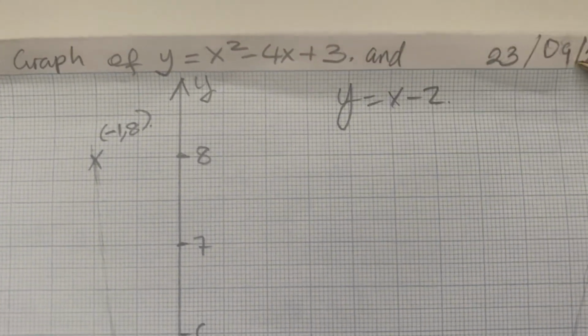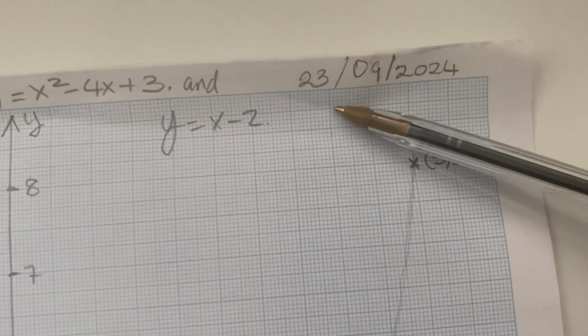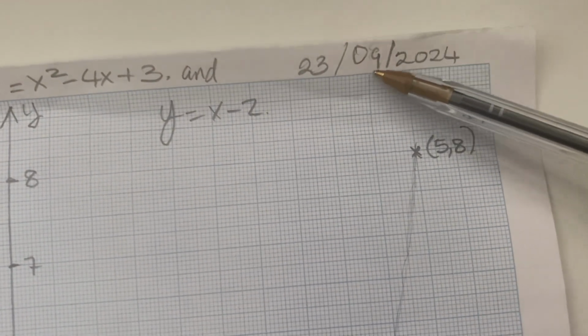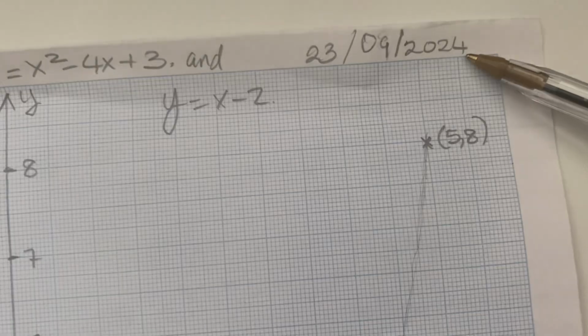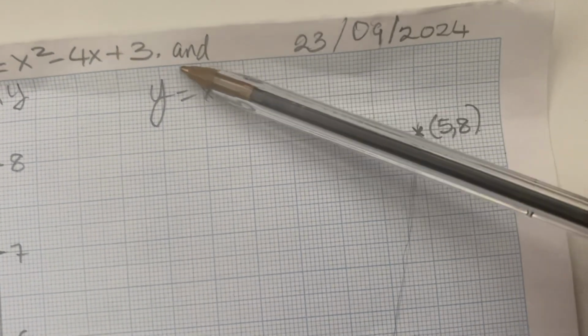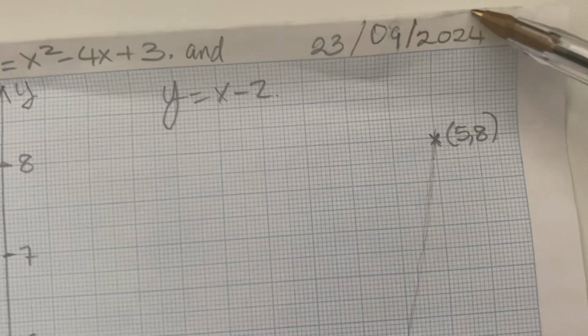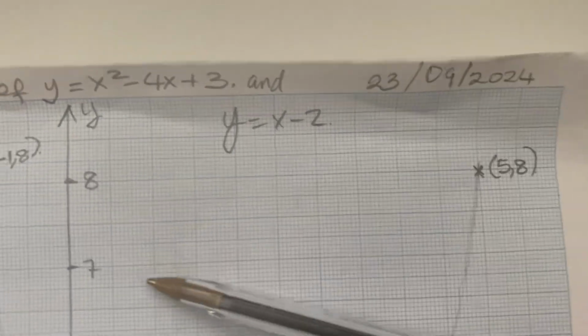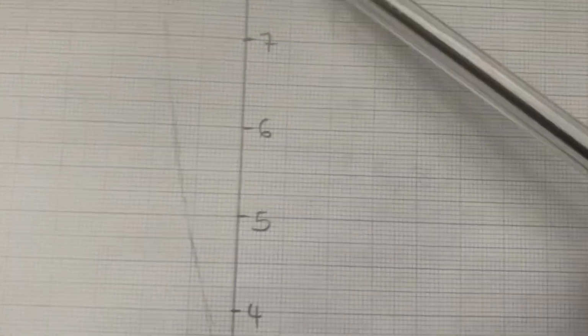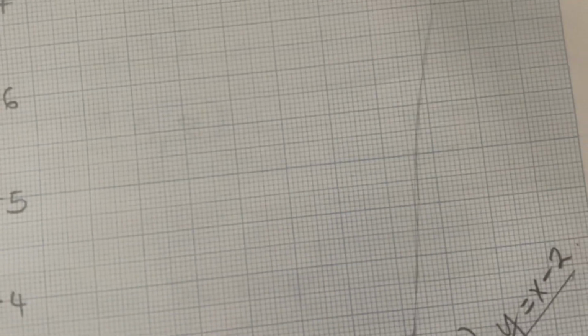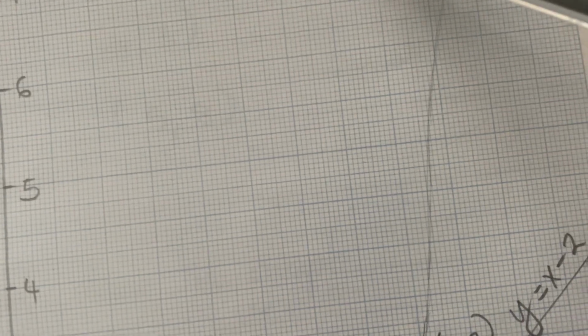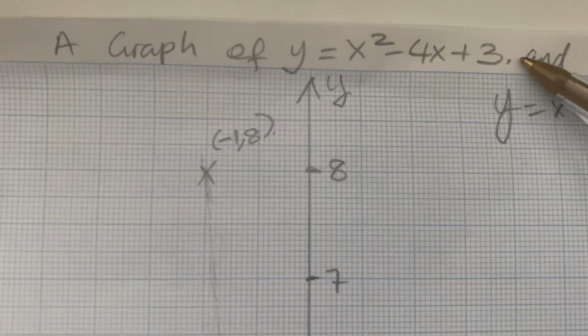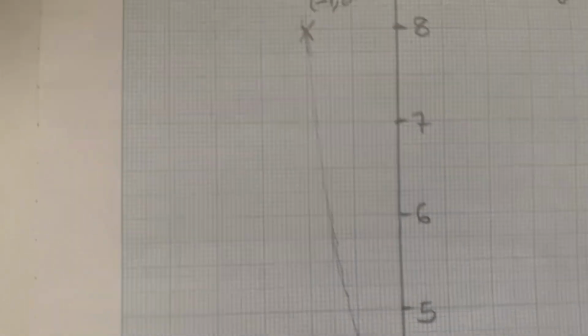And today is 23 September 2024, so because of that, I have this reference. Now the graph that I have just drawn, a graph of x squared minus 4x plus 3. So this is the graph.